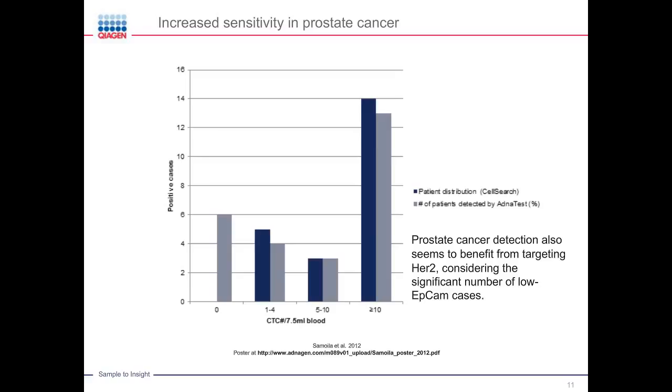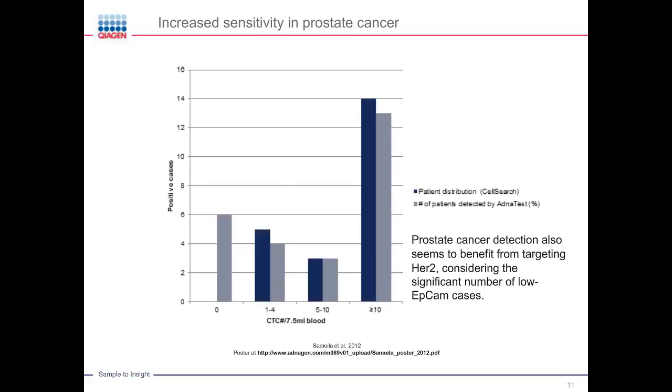It was very similar in cases where the CellSearch system using only AdCam identified cells, but we found a significant amount of positivity in circulating tumor cells also in the fraction where CellSearch didn't find anything.